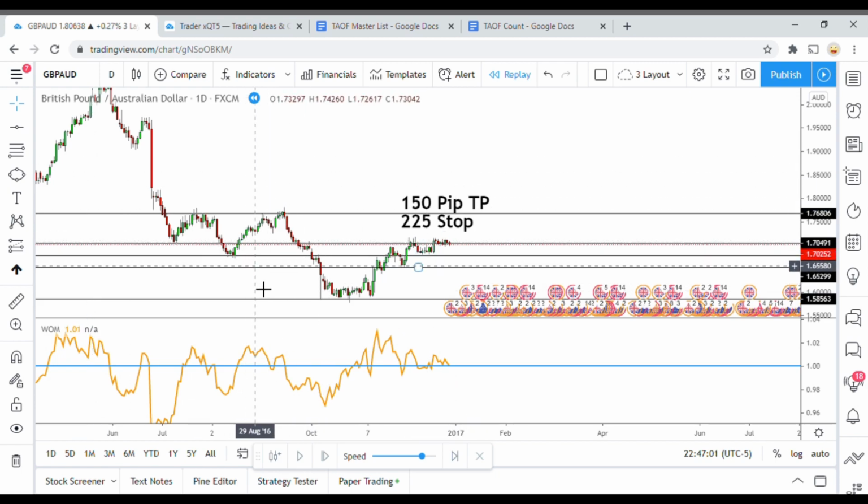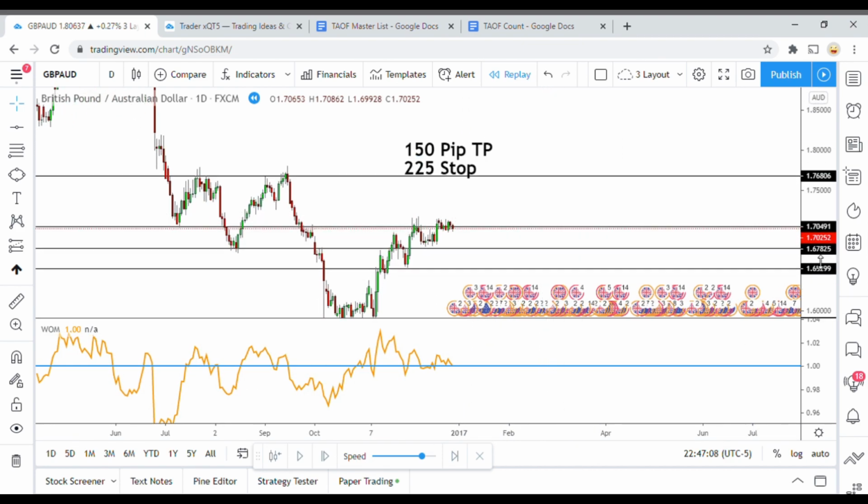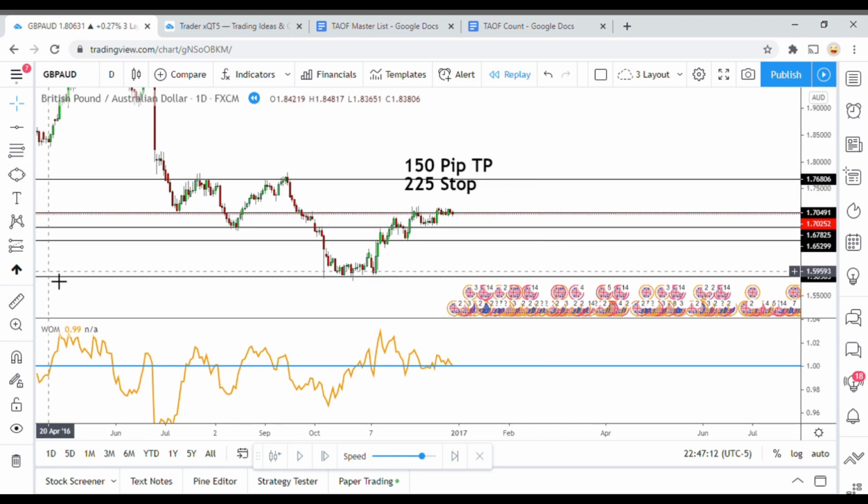And again, if you're ever in a scenario where you're having trouble getting an idea of support and resistance lines, then once again you can use Fibonacci. Use the Fibonacci retracement. It's the easiest one to use.